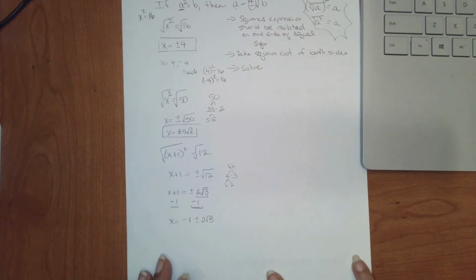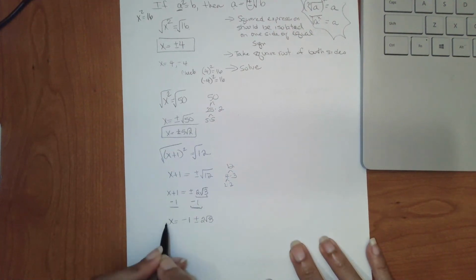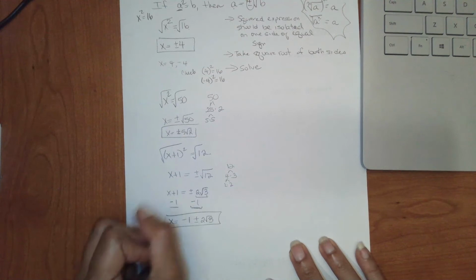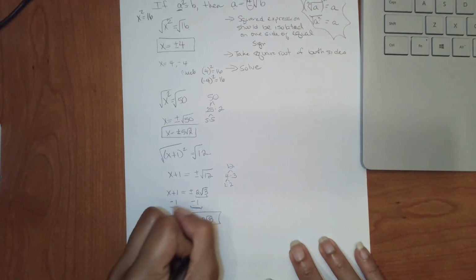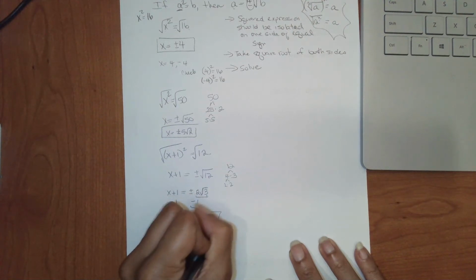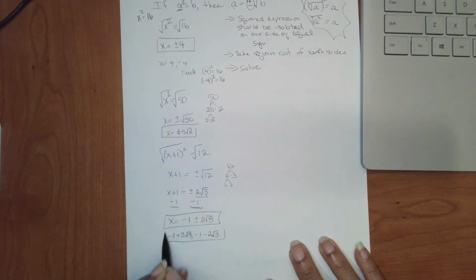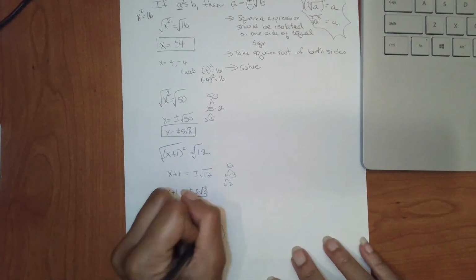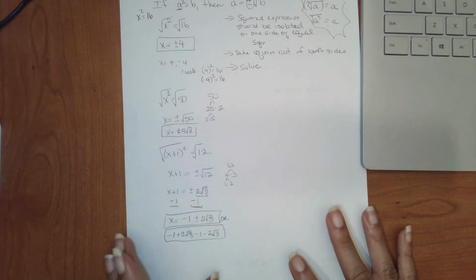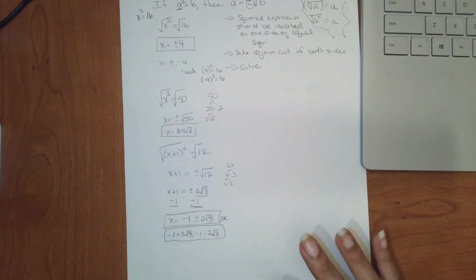So realize the negative 1 is not a like term with the 2 square root of 3. So this is the final answer. Negative 1 plus 2 square root 3, negative 1 minus 2 square root 3. There is a plus or minus button on the system, or you can write them separately. Either answer is correct. Okay.